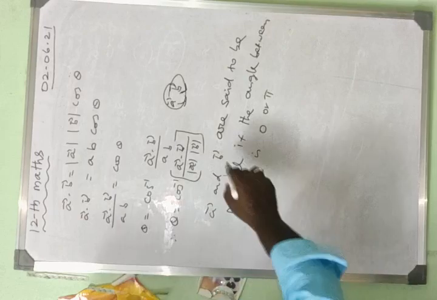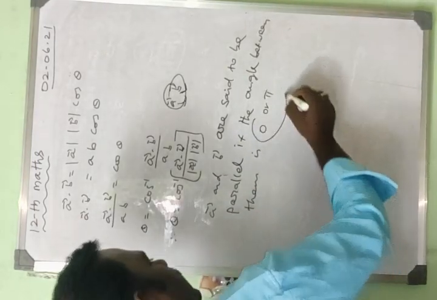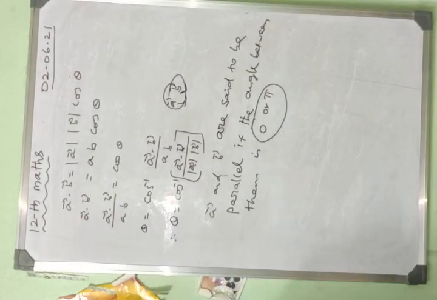Both vectors being parallel means that we get the angle 0 or pi.